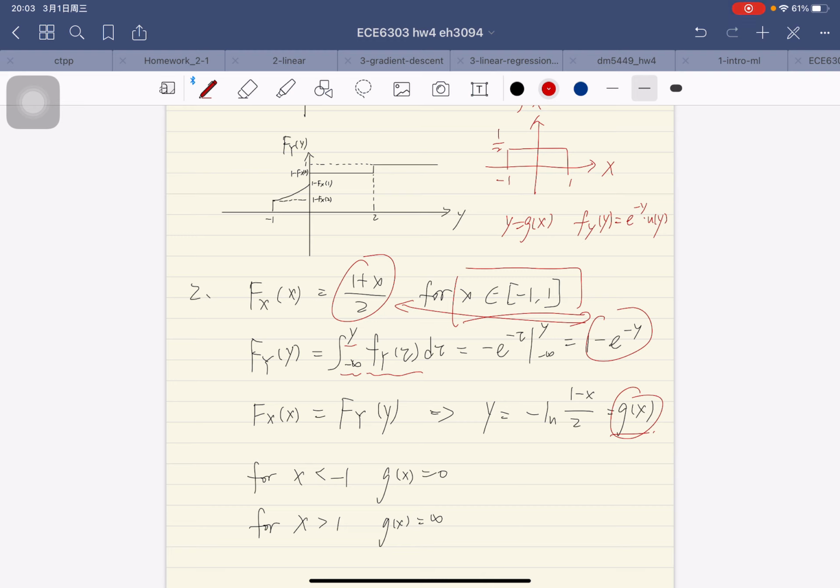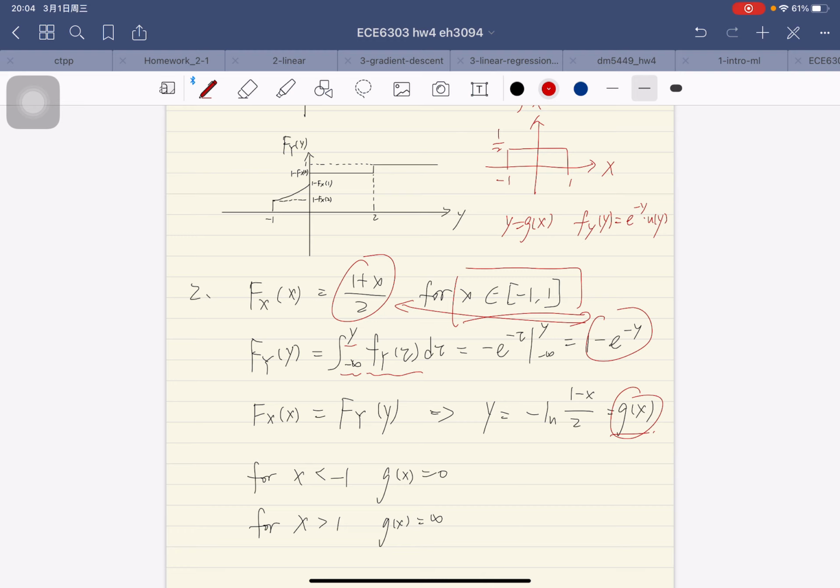But for x greater than 1, F_X(x) equals 1, so big F_Y(y) should also be 1.